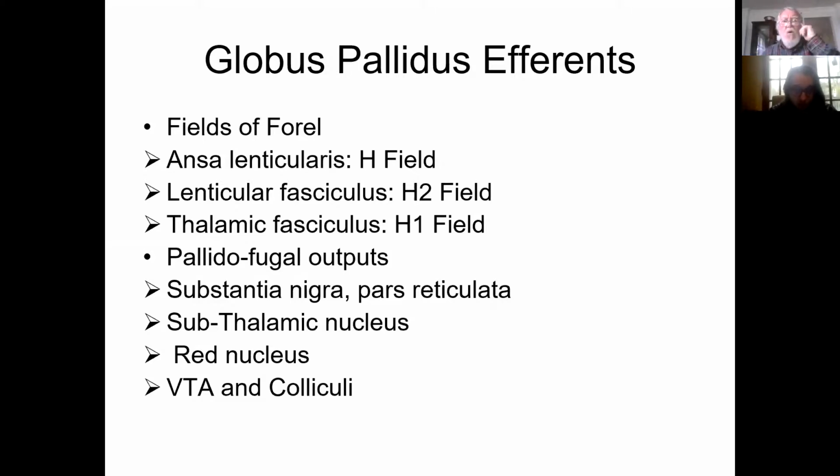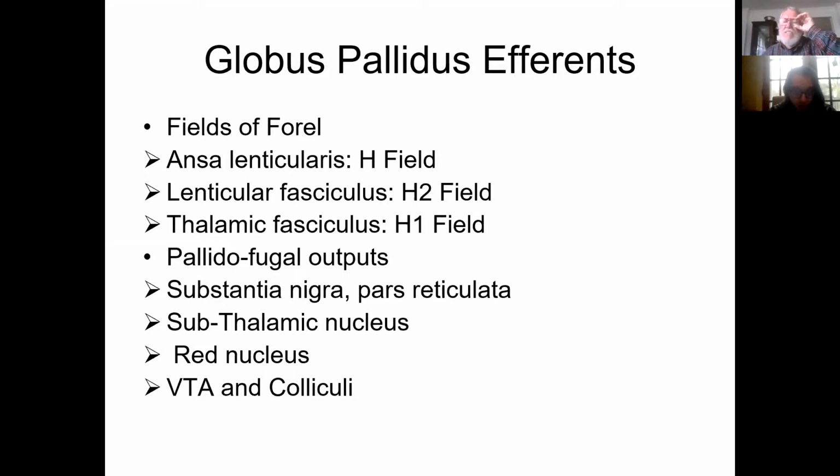And there are two major forms of globus pallidus outputs. One is called the fields of Forel. The second are called pallidofugal outputs. Fugal means away, so they are efferents leaving the globus pallidus.